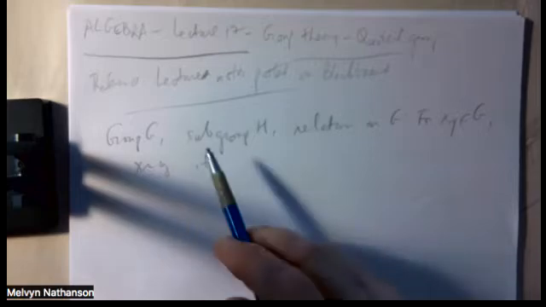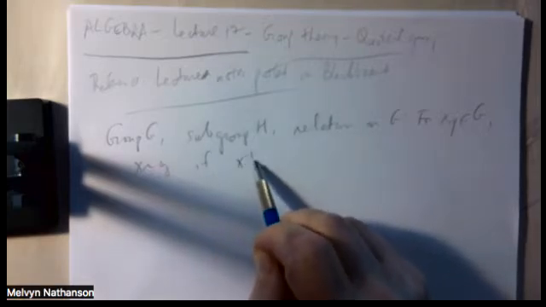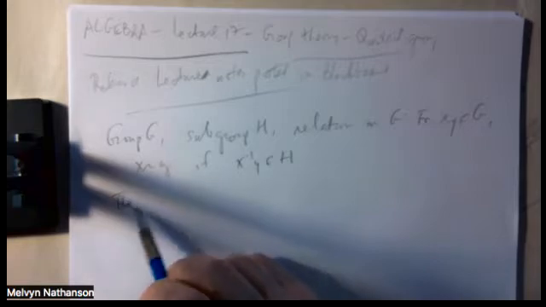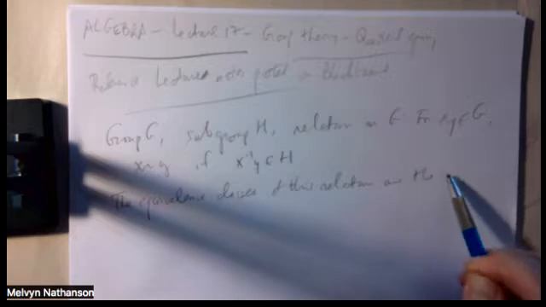For all elements X and Y in the group, you say X is related to Y if X inverse Y is in the subgroup H. The equivalence classes of this relation are the left cosets.